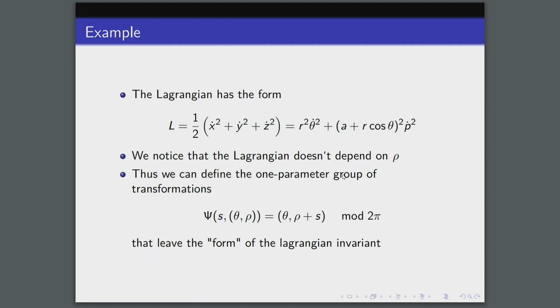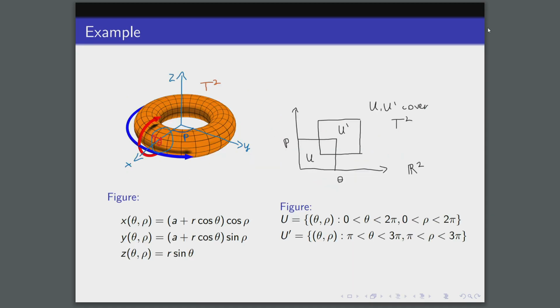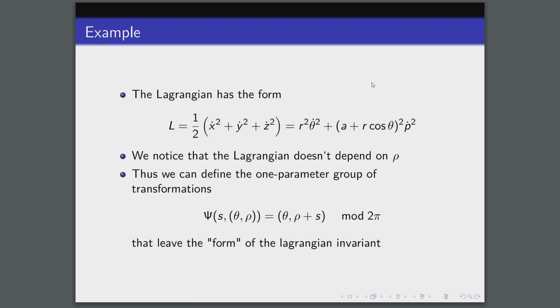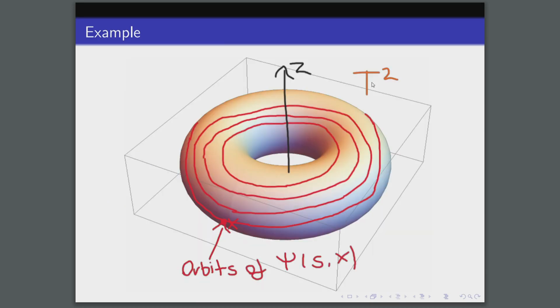How we do this is we define the group action of R with addition on the torus in the following form. We just shift in the parameter rho. I'm taking mod 2 pi here because if you remember, we have 2 pi periodic functions flying around. Okay, so this is how the group action would look.